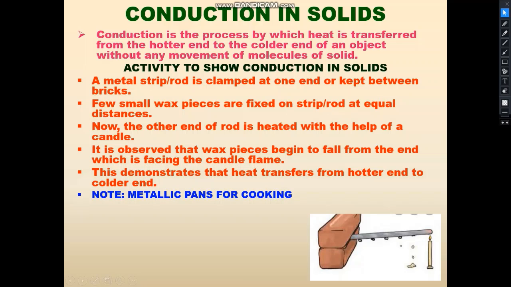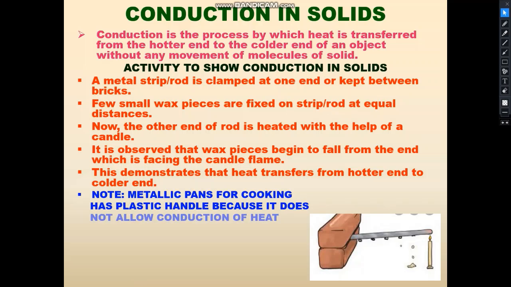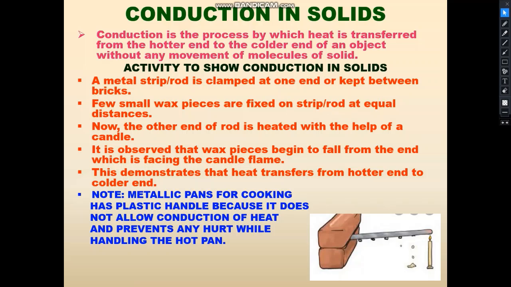Note point. Metallic pans for cooking have a plastic handle because it does not allow conduction of heat and prevents any hurt while handling the hot pan. Now this is a very useful point.